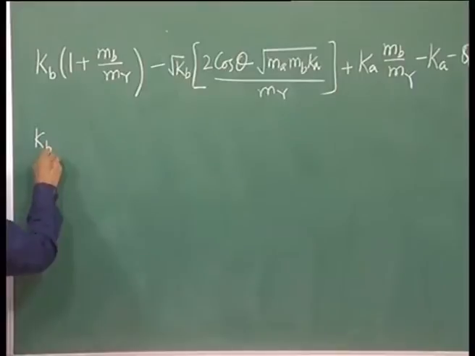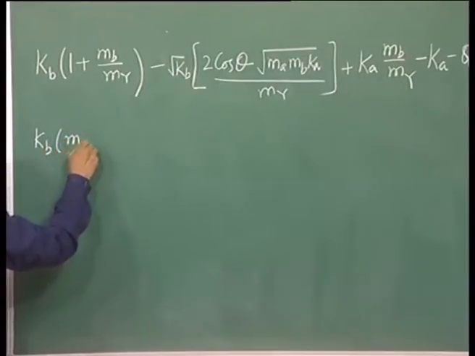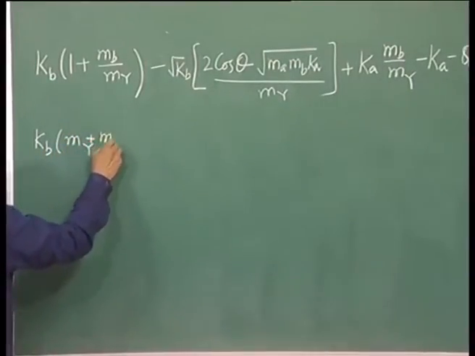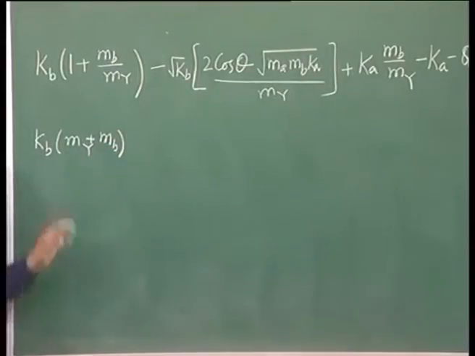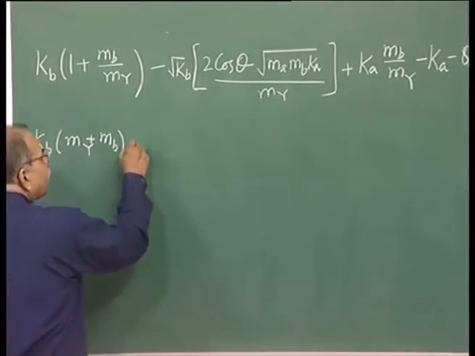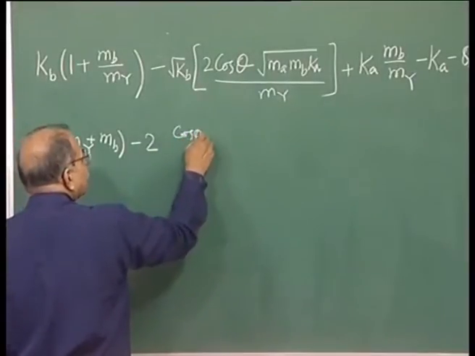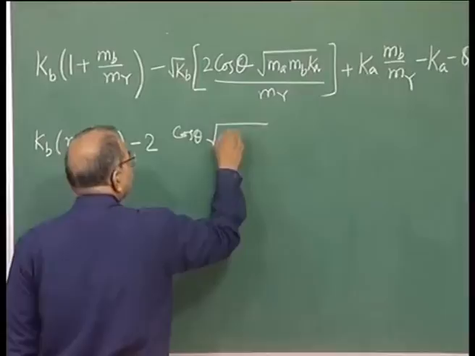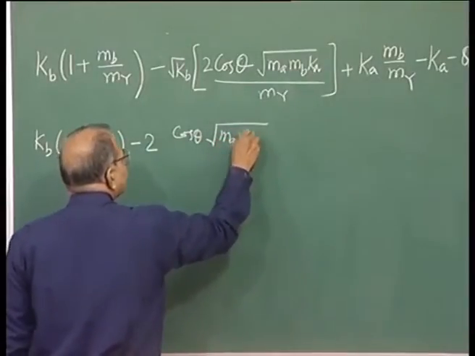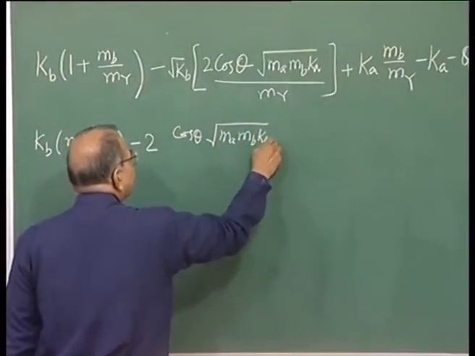You can simplify it a little bit, My plus Mb. So, I am multiplying everywhere by this My, minus 2 times cos theta square root of Ma Mb and Ka.